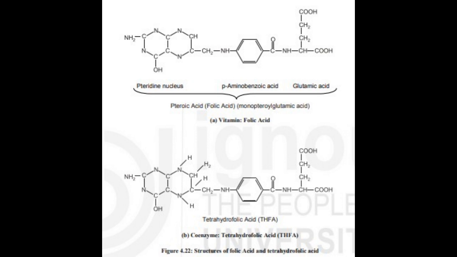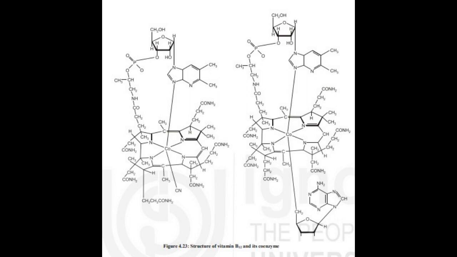Cobamide coenzymes are the derivatives of vitamin B12. The structure of cobamide coenzyme is very complex and is shown in Figure 4.23. They participate in many biochemical reactions. L-methylmalonyl-CoA is converted to succinyl-CoA by the action of the enzyme methylmalonyl-CoA isomerase.